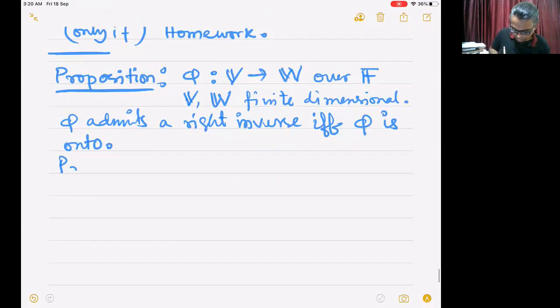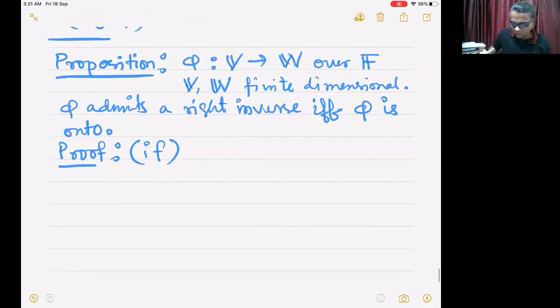Proof. Once again, I will do one part, we'll do the other. The if part. So if it is onto, I have to show that there is a right inverse. Okay, this in fact is much easier than before.